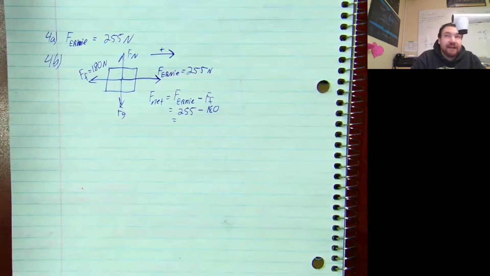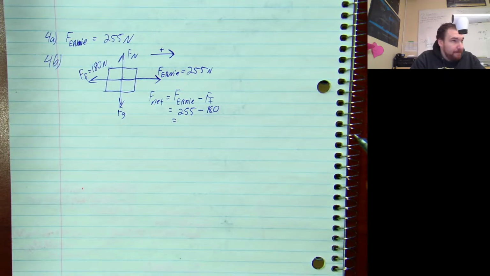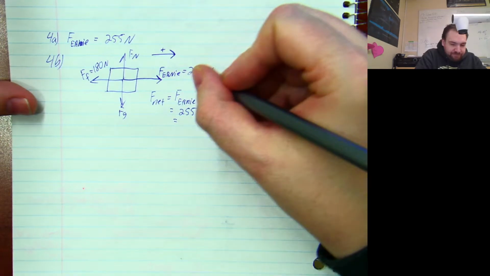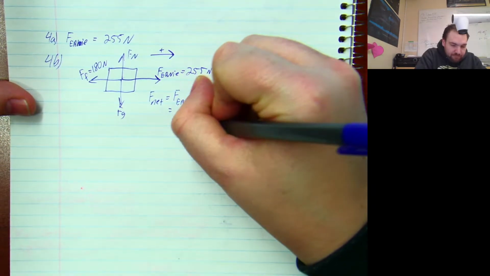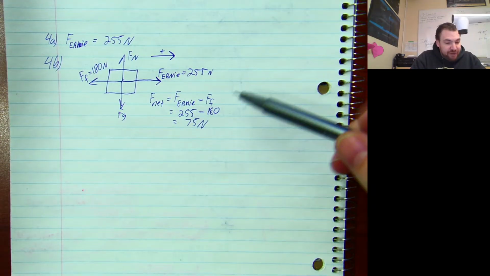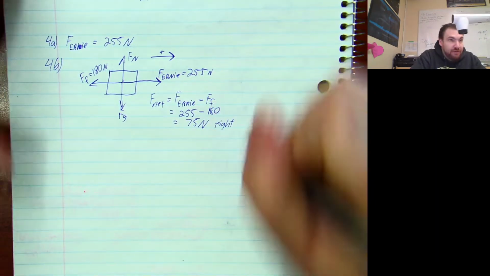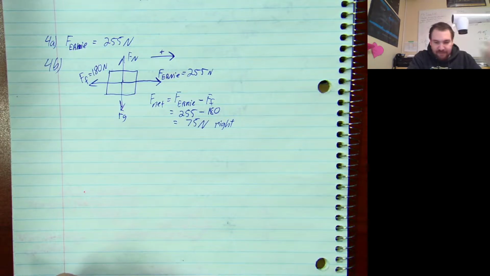So it's going to give me an F net of what? 75? Seems reasonable. And that's still positive. So my F net then is going to be to the right. So then the question is, what is their acceleration going to be over that concrete?